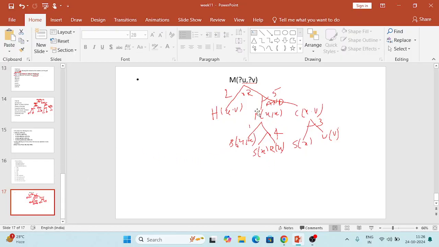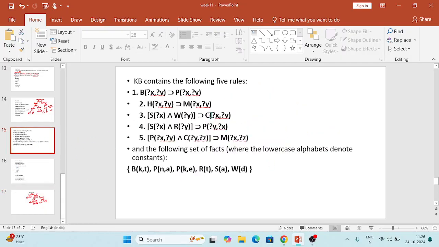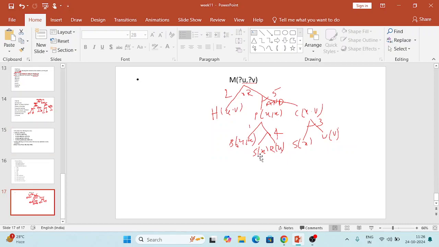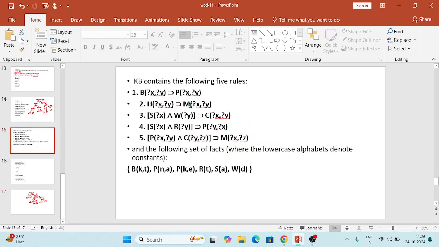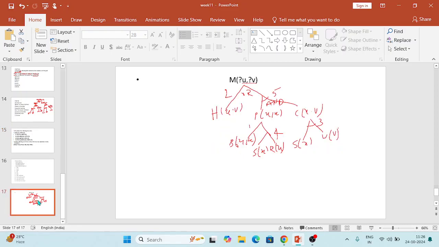Again this sub goal P, how can we reach it? This P we can reach by using S and R. P can be reached by using rule 1 also, and rule 4. So that's why the operation is there: rule 1 or rule 4.